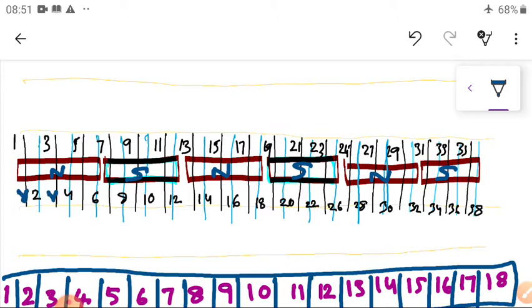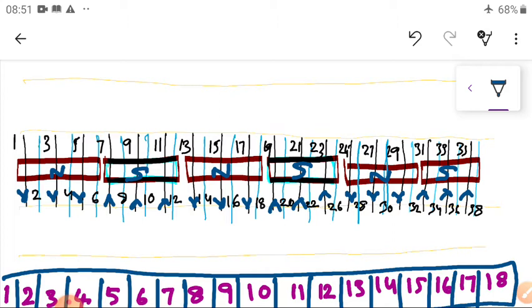All current directions are downward in all these conductors, whereas in this case the current direction is upward. Downward, downward, downward, upward, upward, upward.